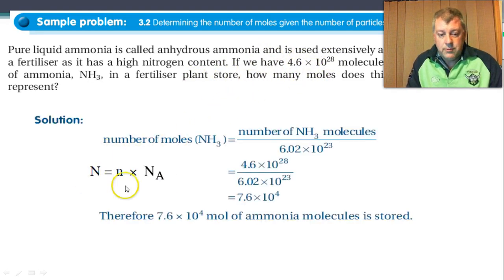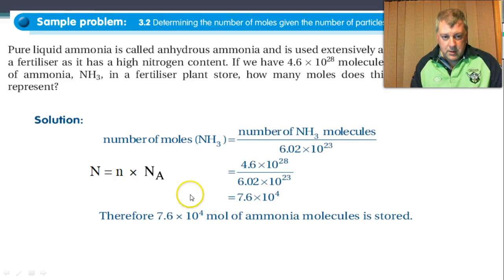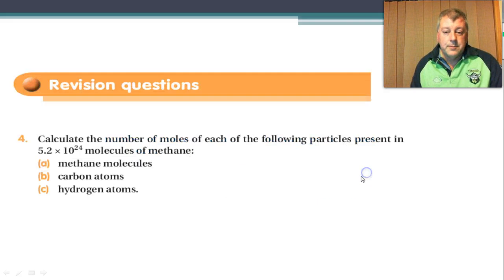Using this formula but rearranging it, we bring Avogadro's number across and divide the number of molecules by Avogadro's number. There it is, 7.6 times 10 to the 4 is our answer, and our answer is in moles, because we're after the number of moles. You should be able to do these questions now, question 4 in your chapter.